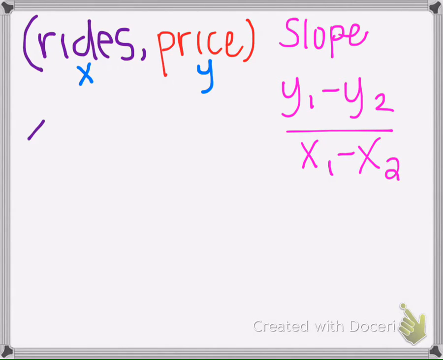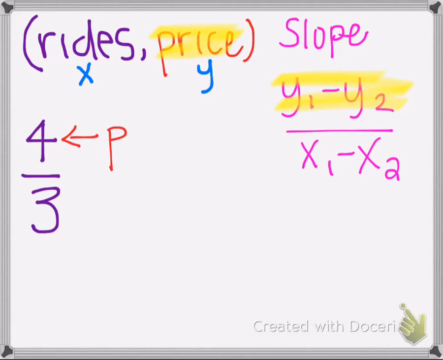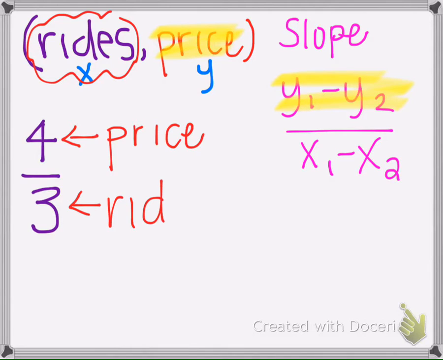So since our rate of change is 4/3, the 4 represents the y values, which in this problem, in our ordered pair, is the second number, which is the price. So the 4 goes with the price, and then in the denominator is the x's, which is the rides right here. So this goes with the rides.